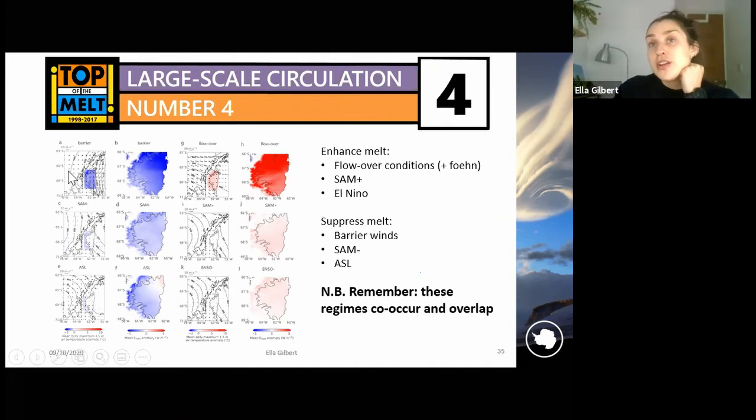And then on the other side, we've got regimes that reduce the amount of melting compared to normal. So particularly barrier winds are very important. So this is where winds are very strongly flowing from south to north, and this results in very negative melt anomalies. Similarly, the negative mode of the SAM is associated with negative anomalies.